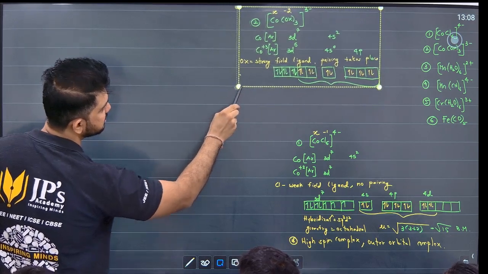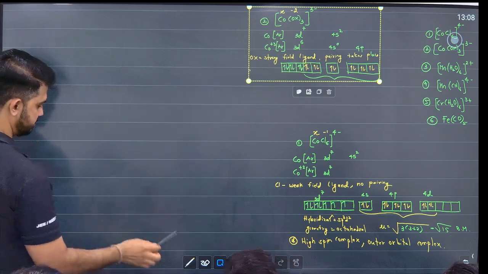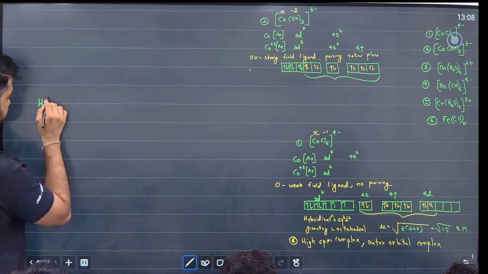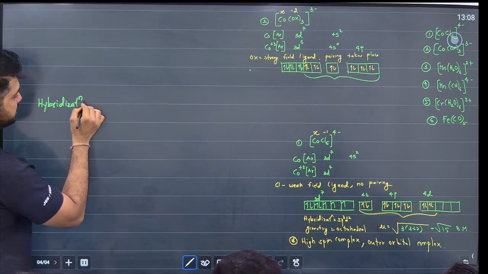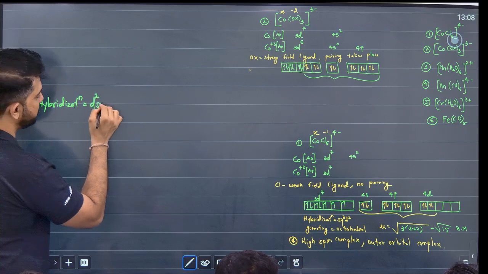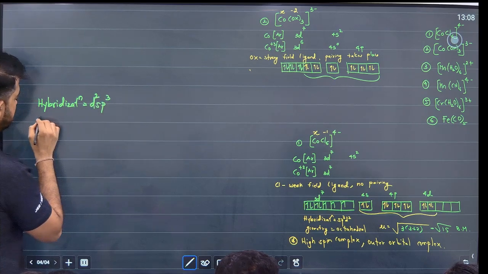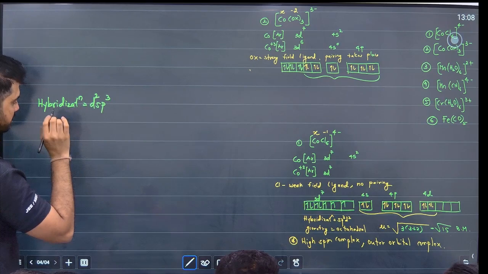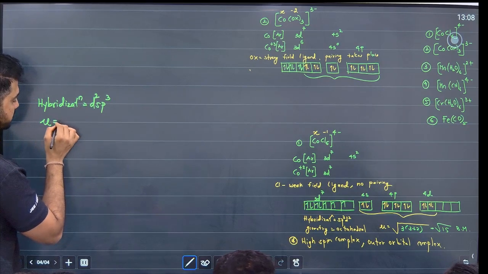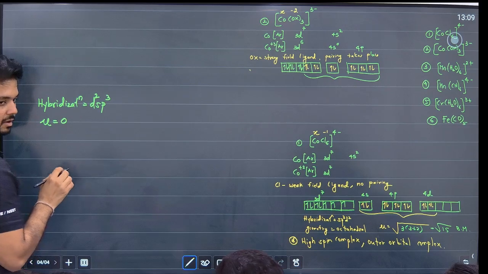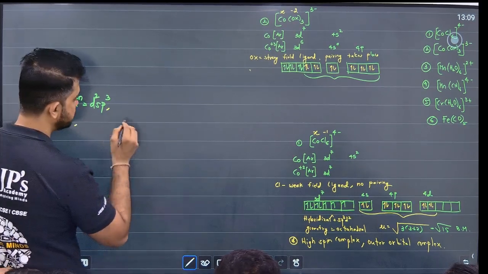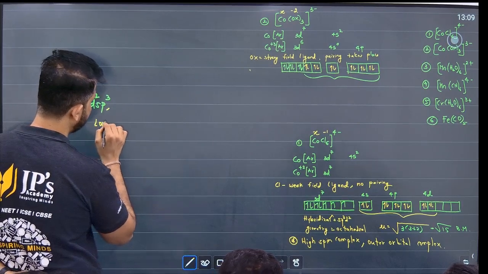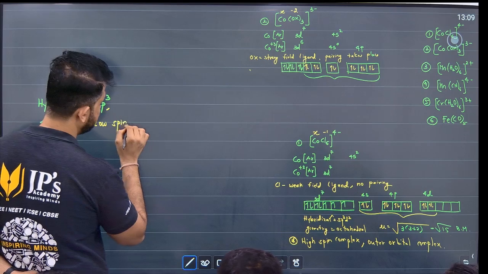Hybridization, please. The hybridization is d2sp3. Geometry remains octahedral, and then the magnetic moment. Wherever pairing takes place, such complexes are called low spin complexes.